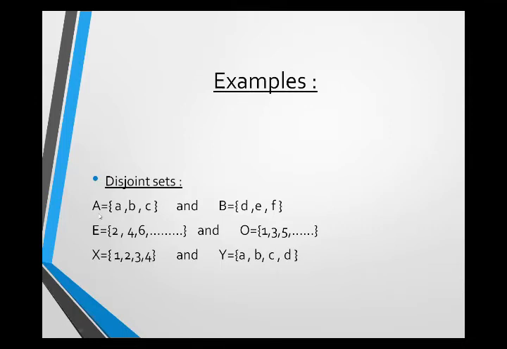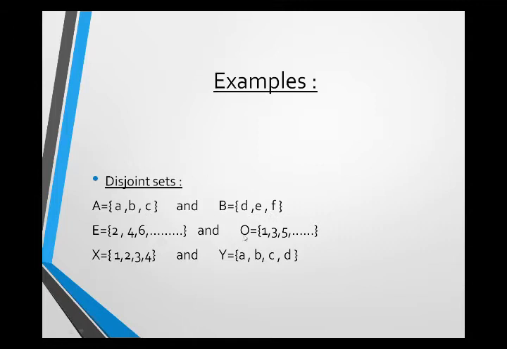The first example: if we have set A equals A, B, C and set B equals D, E and F. Now we compare both sets, A and B. As you can see, there is no common element in set A and set B. So these are disjoint sets, because no element is common in both sets.